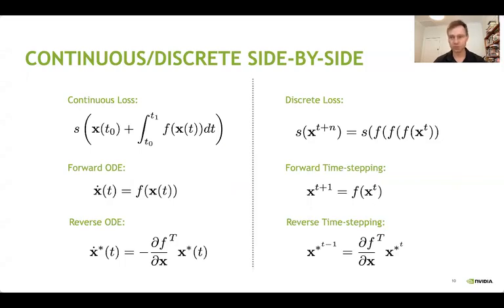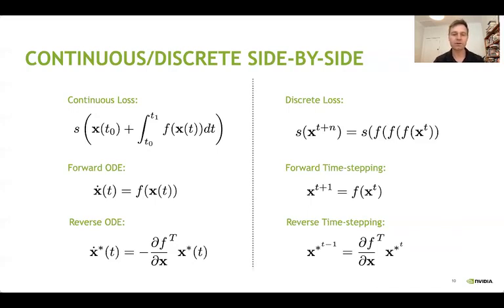So just to put the continuous and discrete versions side by side, it's nice to see these on the same footing, I think. On the continuous version, we have the smooth trajectory governed by this differential equation with this integral term here and a forcing function f. On the right, we have a discrete trajectory and a discrete loss, which is a function of our time stepping equations, which have been nested in this recursive way.